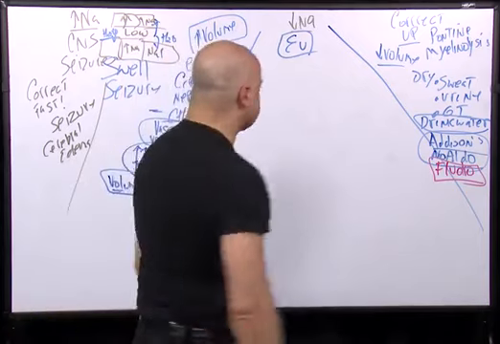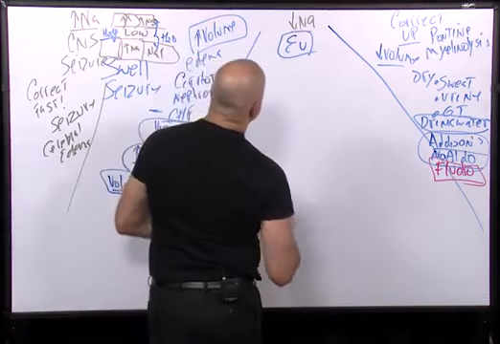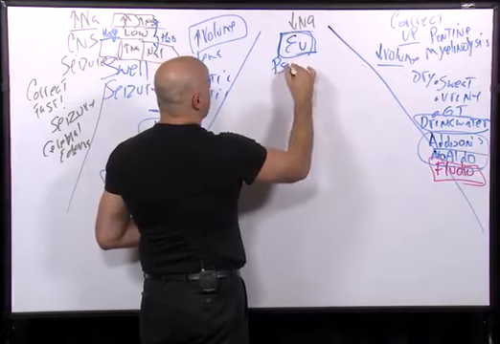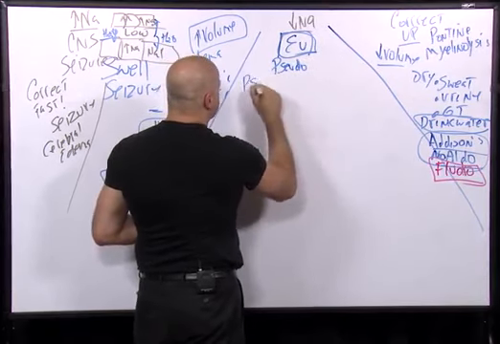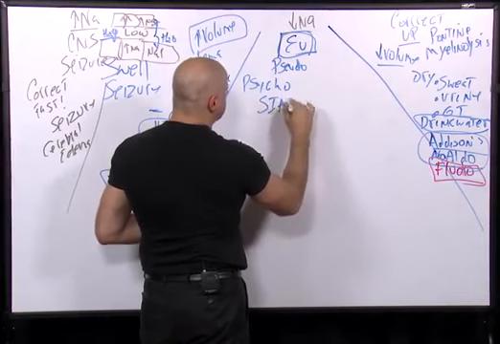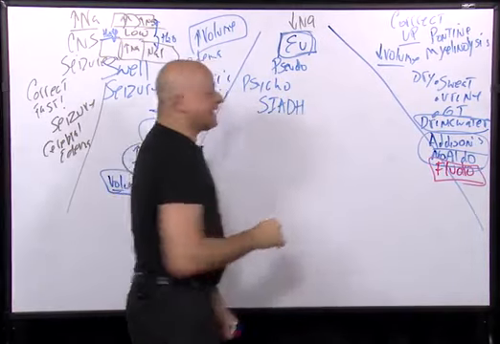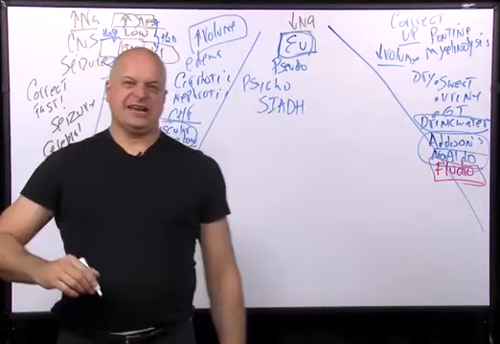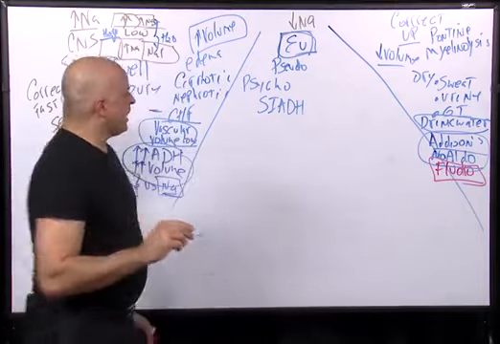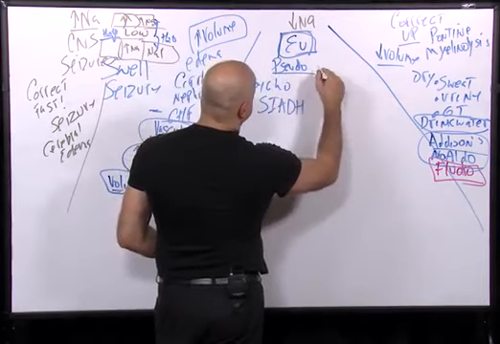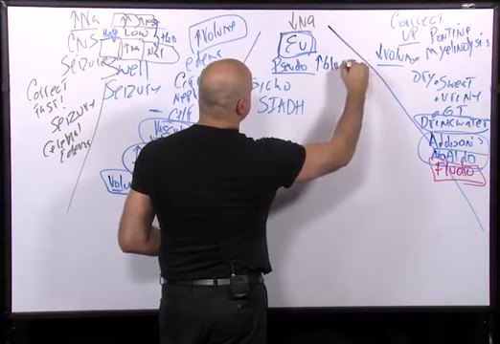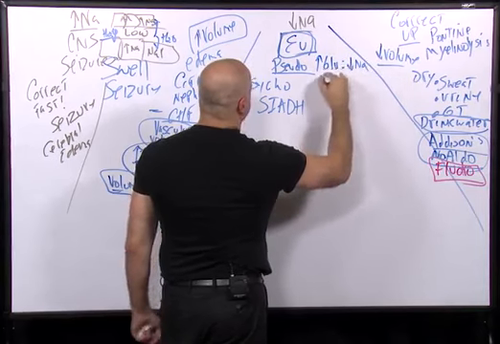And good, true, and normal hyponatremia is pseudo-hyponatremia, psychogenic polydipsia, and SIADH. Pseudo-psycho, SIADH.